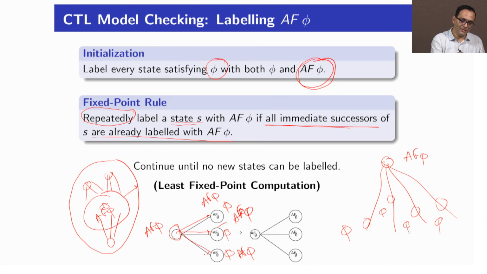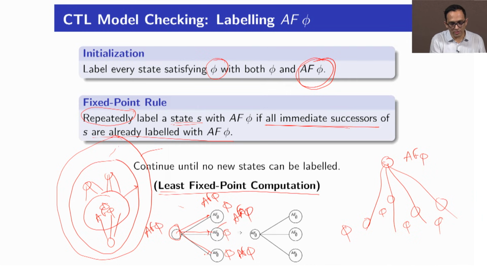And this process will continue, so my set is growing. I will grow like this, and I will get a final set where all the states are marked with AF phi, and that is called the least fixed point. This is the minimum fixed point possible because I am starting from the minimum and growing, and this is the least fixed point. I do not want to go beyond that. So this is how I am going to mark the states with AF phi.